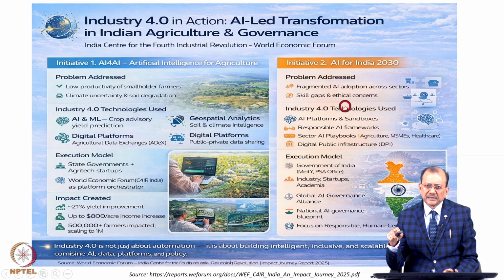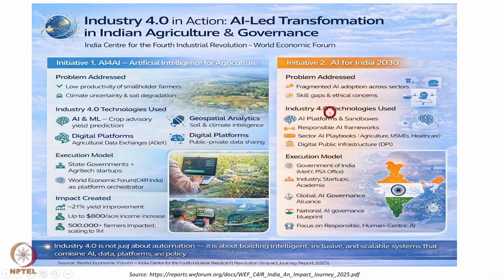The study says that so far only a few industries are getting benefited, like healthcare and the finance sector, but other industries like agriculture, education and some others are not getting as much benefit. So how can this benefit be equalized, so that AI benefit can be adopted in other industries? That is the key mission of AI for India 2030.